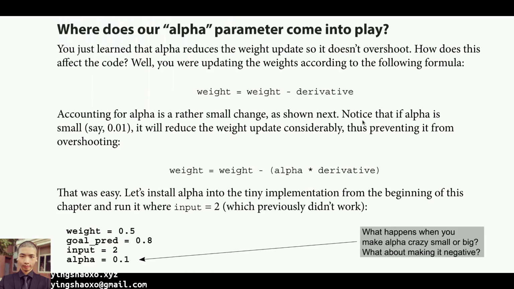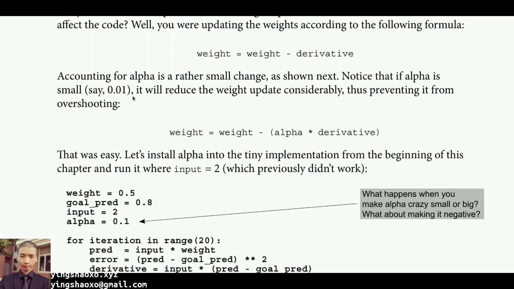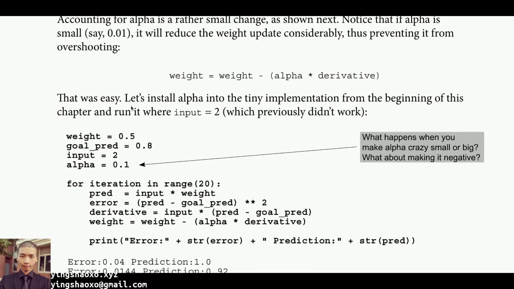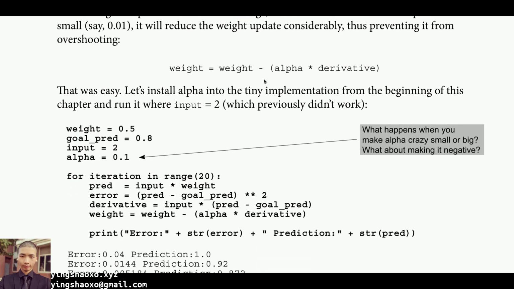As shown next, notice that if alpha is small, say 0.01, it will reduce the weight update considerably, thus preventing it from overshooting. That was easy. It's just something like this. We just have to use alpha times the derivative.